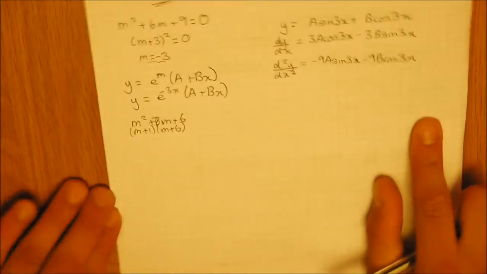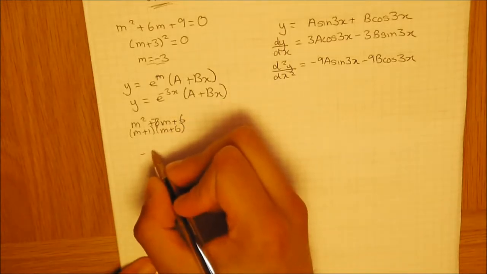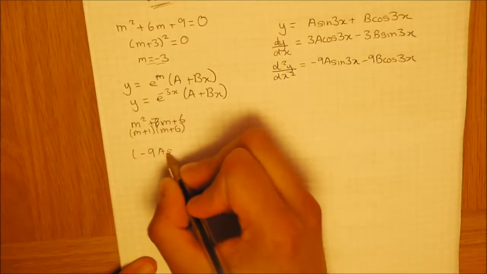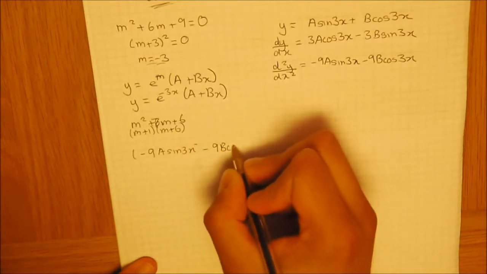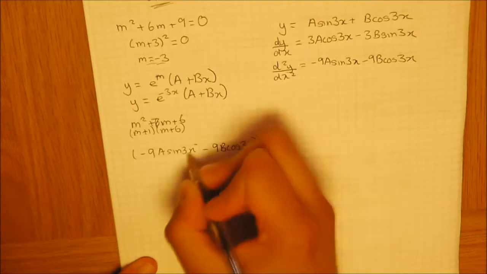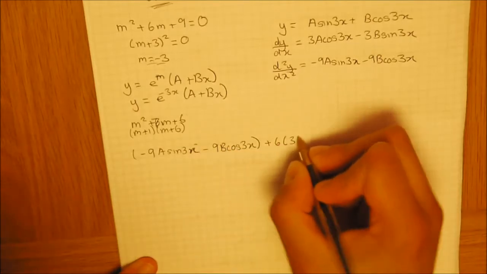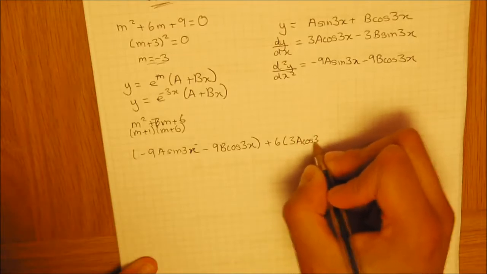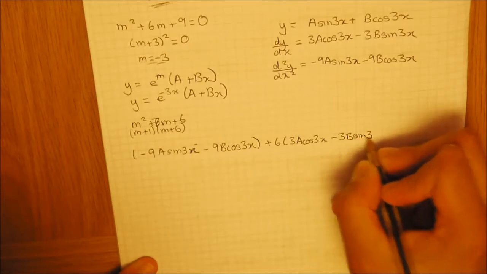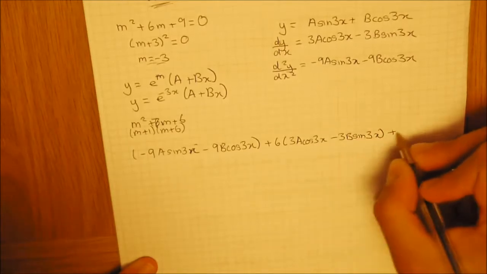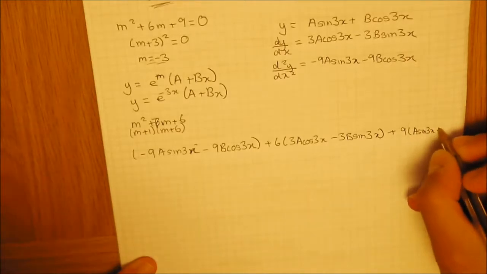So here we are. What we have is minus 9a sine 3x minus 9b cos 3x, plus 6 lots of 3a cos 3x minus 3b sine 3x, plus 9 lots of a sine 3x plus b cos 3x.